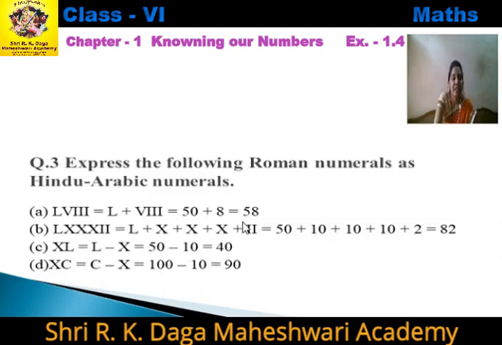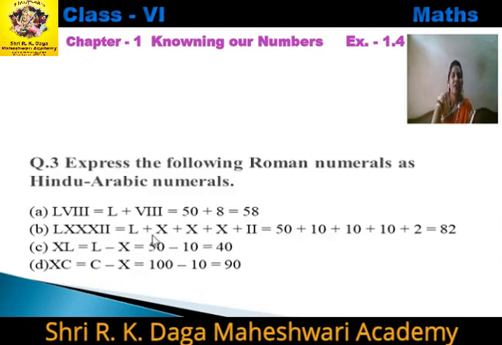So whenever the Roman number is given, we will break this number. After that, we will write its equivalent Hindu-Arabic numeral. In this sum also, you can see L, triple X, double I. Again, we will break this number as L plus X plus X plus X plus double I, which is equal to L, that is 50.